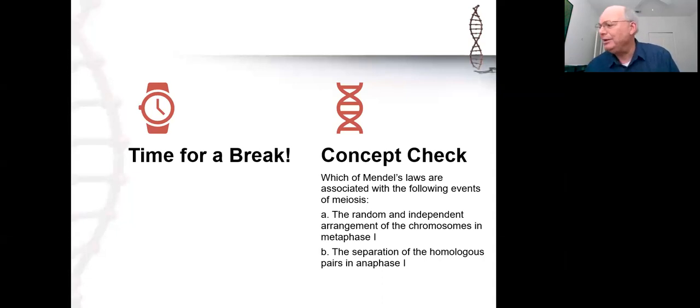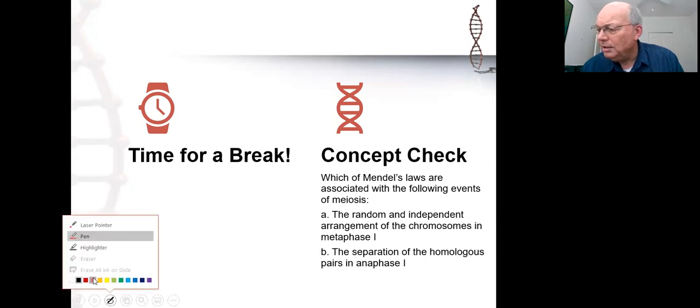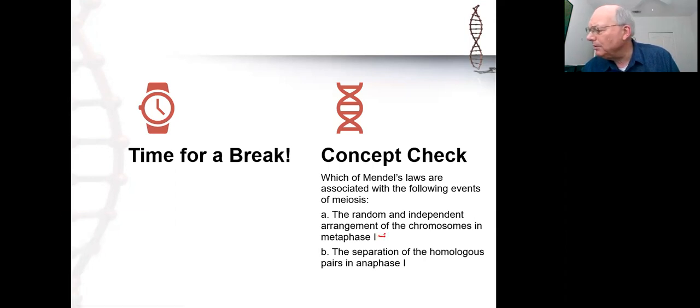Well, as soon as we say random and independent, we think independent assortment. So that's the law of independent assortment, which means separation of homologous chromosomes must be the law of segregation.